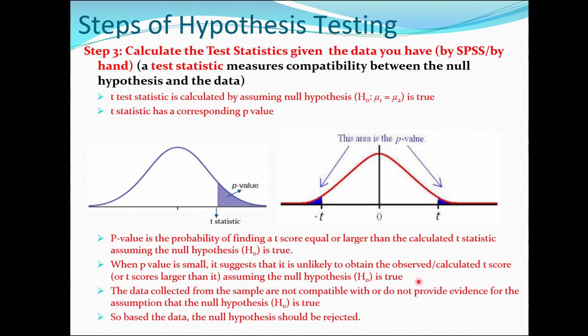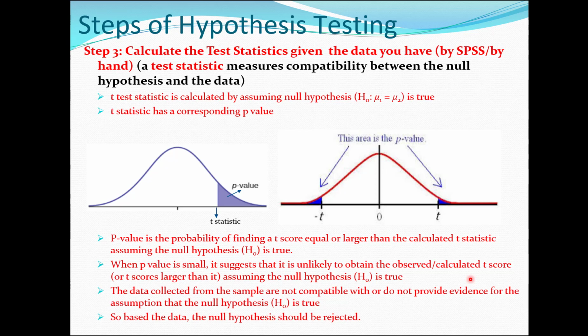It's a fact that has happened. But the p-value is telling you it's unlikely to get such a t-score. So you might have already noticed that the p-value here is contradicting the fact that you have obtained such a t-score from your data.